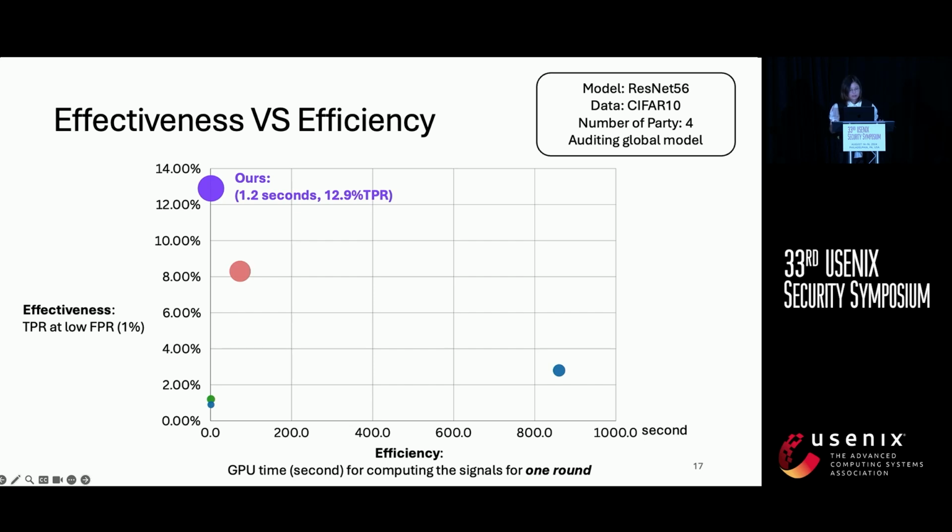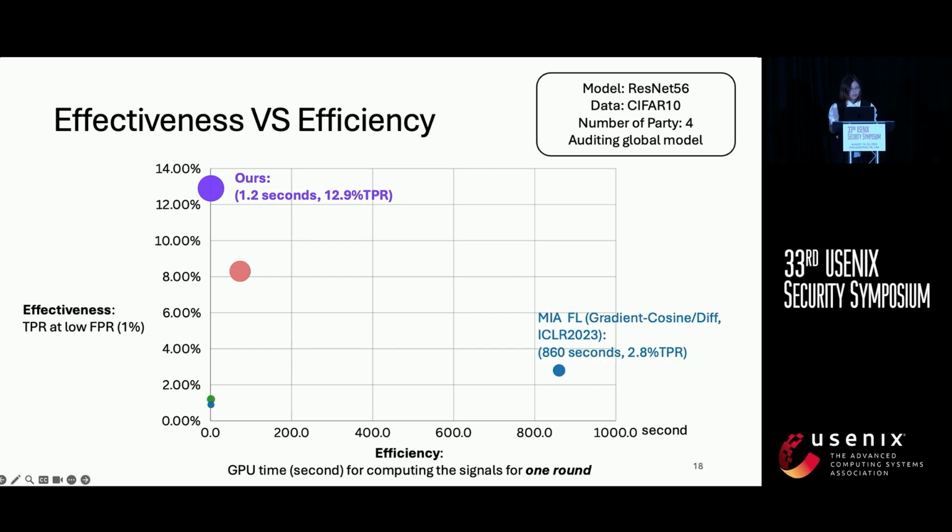We can see that in terms of the performance, our auditing algorithm stands out as the most effective and efficient option. Our algorithm achieved 12.9% true positive rate in just 1.2 seconds. In contrast, other algorithms are either ineffective or inefficient.